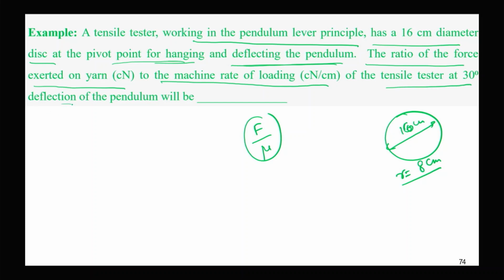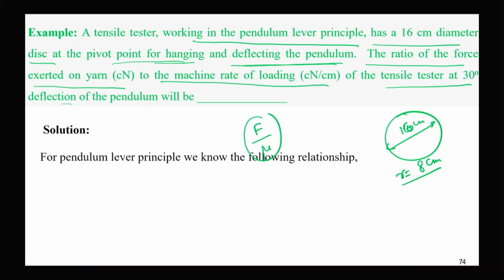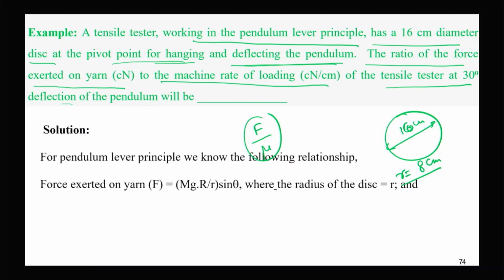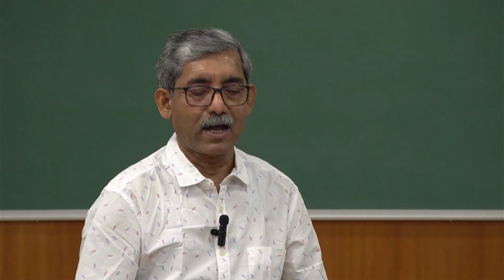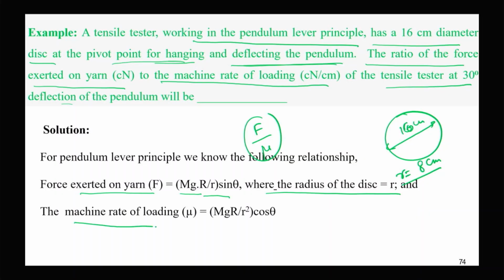at 30-degree deflection of pendulum. Now, if we see the relationship, the force exerted on yarn is equal to mgr by r sin theta, where radius of disc is r, in this case 8 centimeter. And machine rate of loading mu is mgr by r square cos theta.